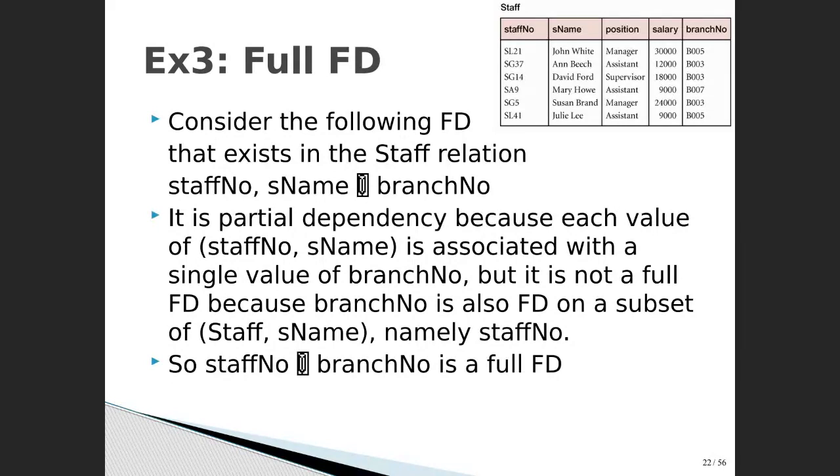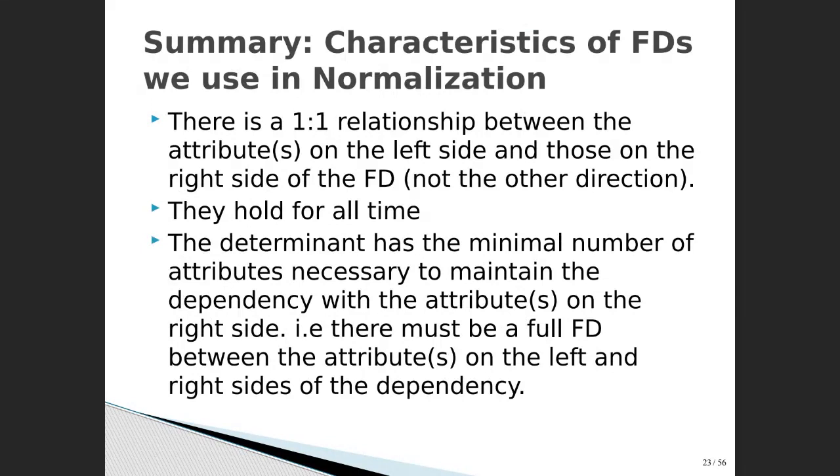Okay, there must be a value from staff number and a value from staff name to find one value from branch number. Okay, so A, B, and C. A and B are determinants of C. This means that it's partial dependency. Okay, so this is partial dependency.